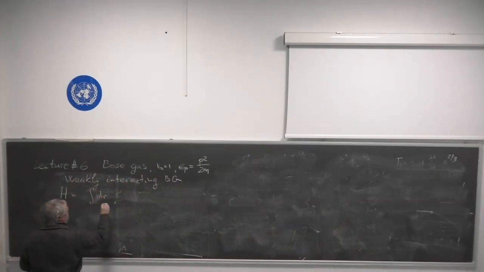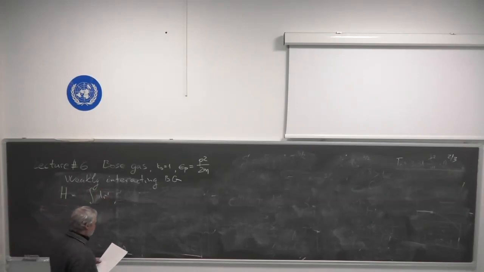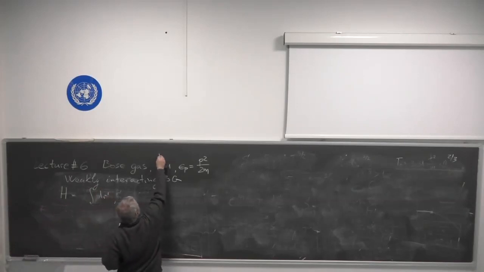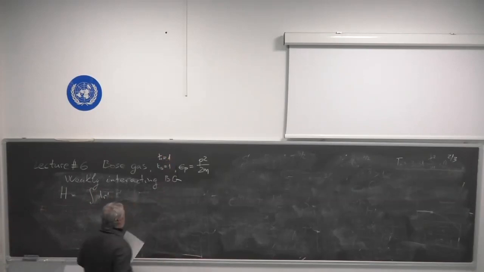I have a kinetic energy, integral over dr prime. For the purpose of this part, I use h bar equal to 1. I have psi dagger r prime, minus nabla squared over 2m, psi r prime.